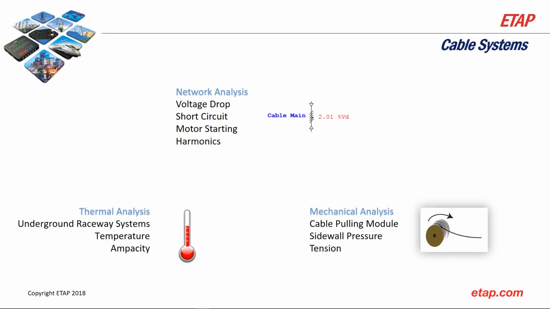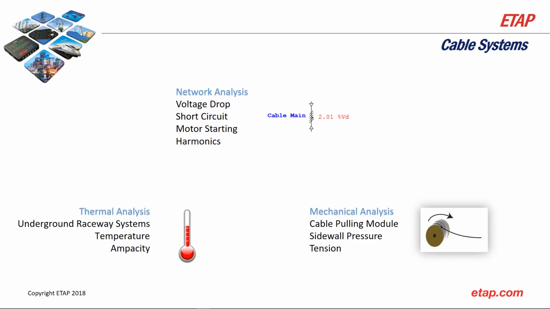like ETAP. So the cable systems that are supported in ETAP vary from the network analysis, which is what we're going to be covering today, which in turn goes over how to perform a voltage drop, a short circuit study, a motor starting, harmonics, all of those cable related analyses would fall under network analysis.